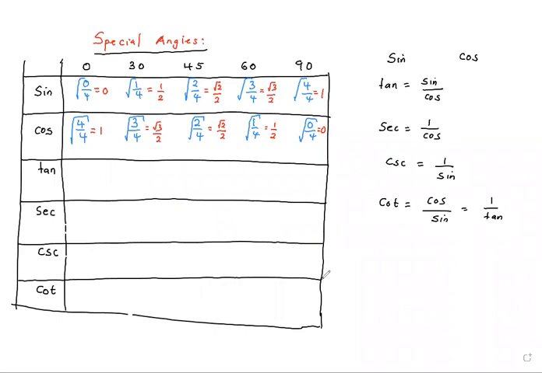So the idea here is you want to find an easier way of remembering this. You can use the counting method from 0 to 4 and then divide by 4 for sine.